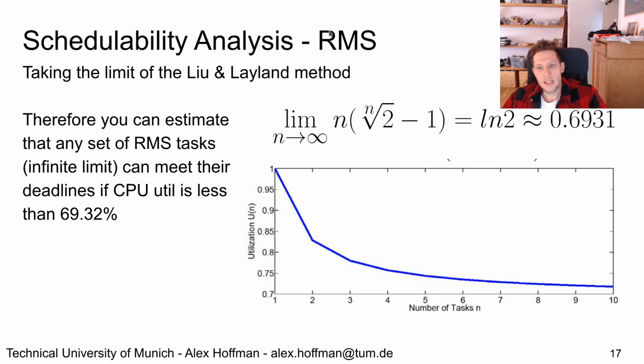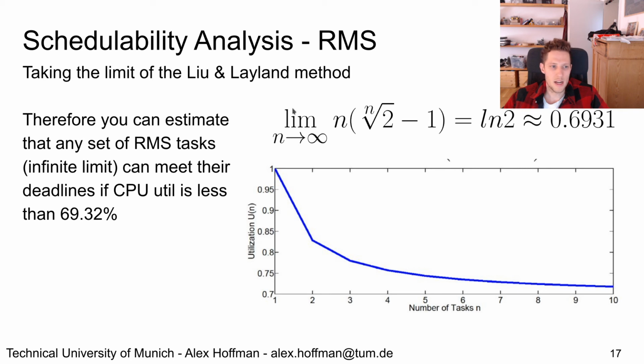So if we look at this formula that they put forward, and we take the limit of it, saying that we take an infinite number of tasks, what it's really saying is that as the number of tasks goes to infinity, we end up with this 69% utilization, right?